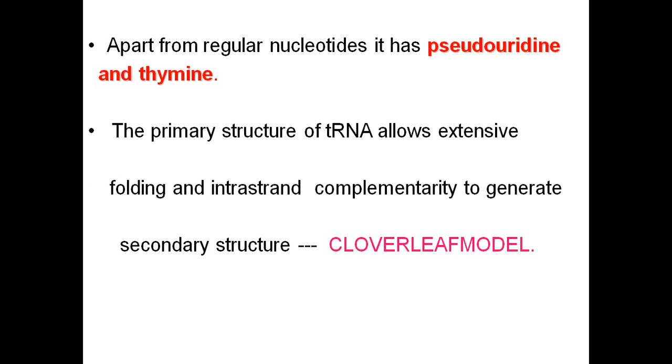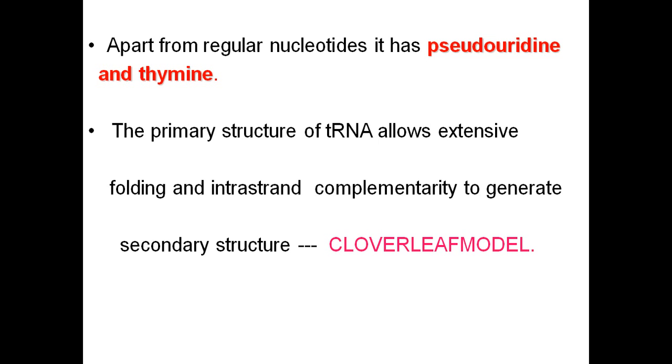Apart from regular nucleotides, tRNA has pseudouridine and thymine as extra nucleotides. The primary structure of tRNA allows extensive folding and intra-strand complementarity to generate secondary structure. This is explained by the clover leaf model.